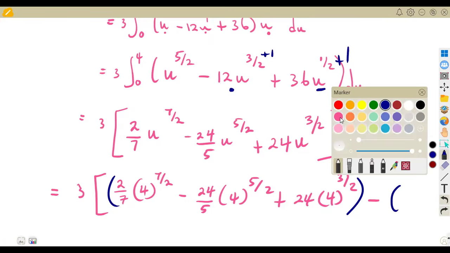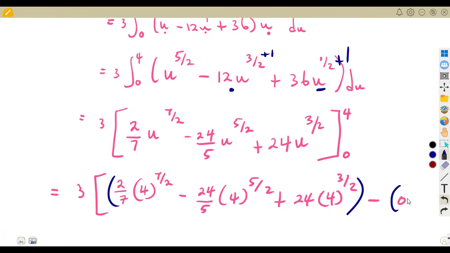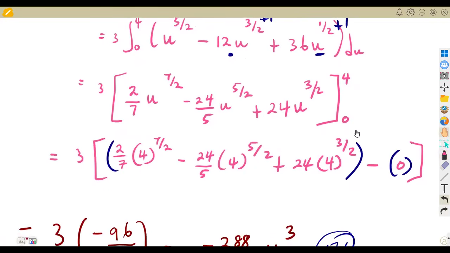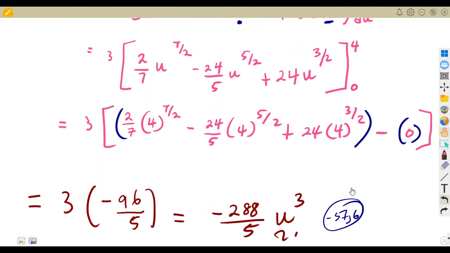So on this one, there's nothing that you're going to get, just a 0. So that's it: upper limit minus the lower limit. Once you are there, you are done. Just simplify further and find your final answer, which is the resultant.